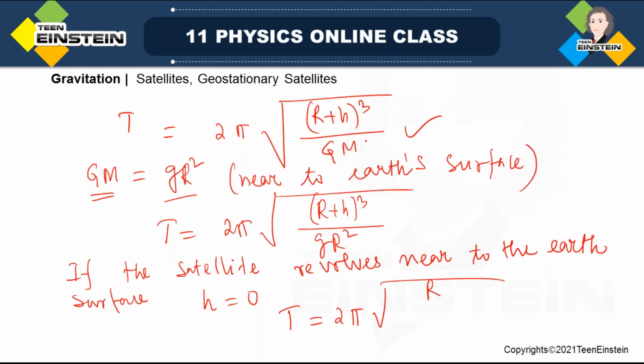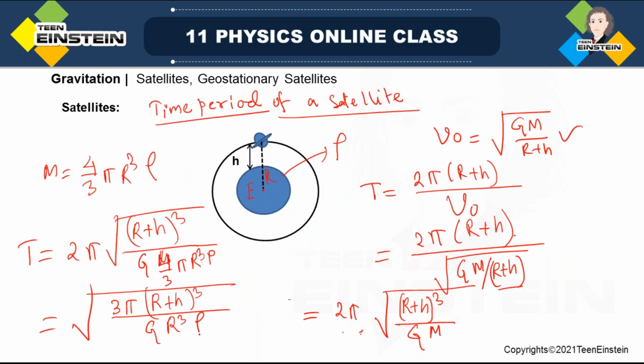If h is 0, then this will be R cube by GM, or if you put this M also as we have written here, let us write it here on the earth surface.